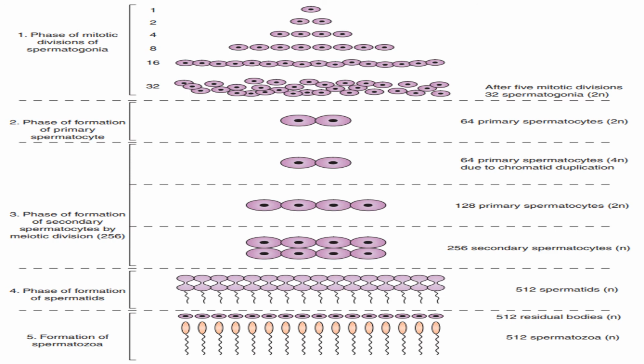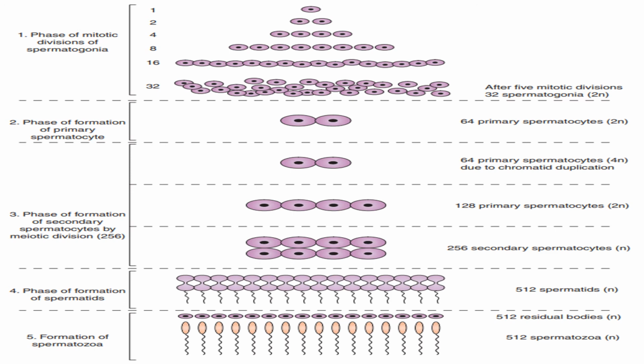The third phase is the formation of secondary spermatocytes by meiotic division. Each primary spermatocyte undergoes cell division. After the first division of meiosis, the 64 primary spermatocytes are converted into 128 cells with 46 chromosomes, the diploid number of chromosomes.